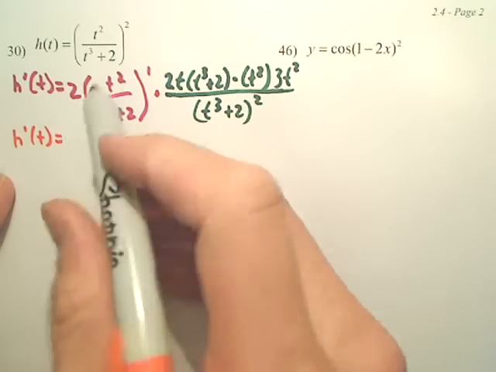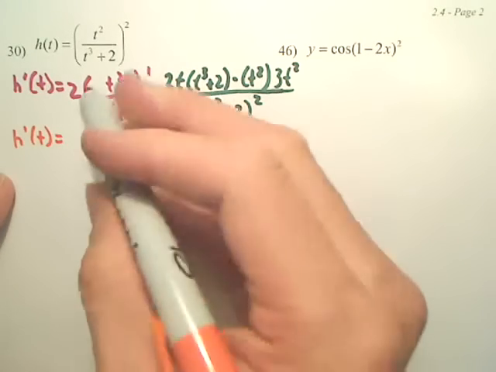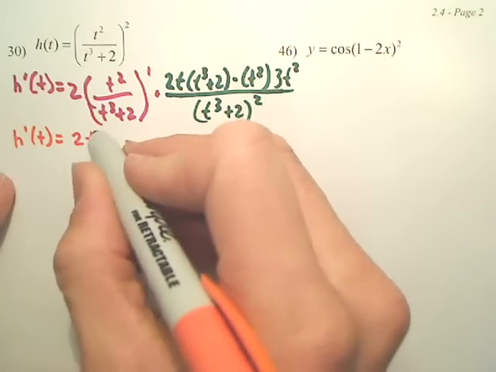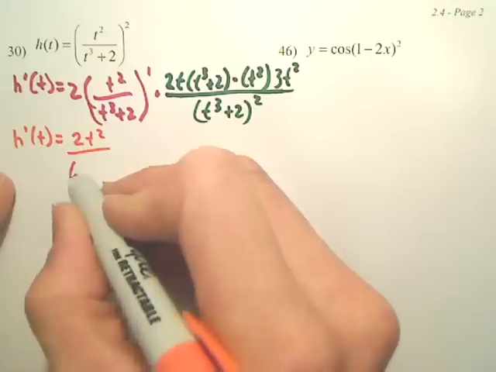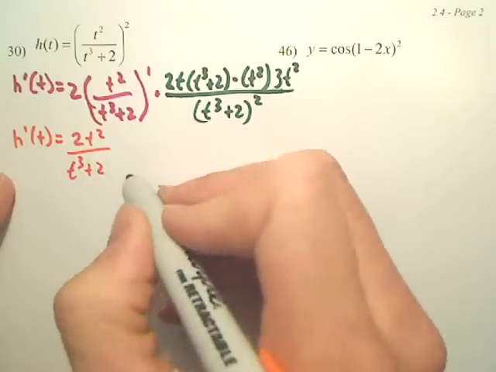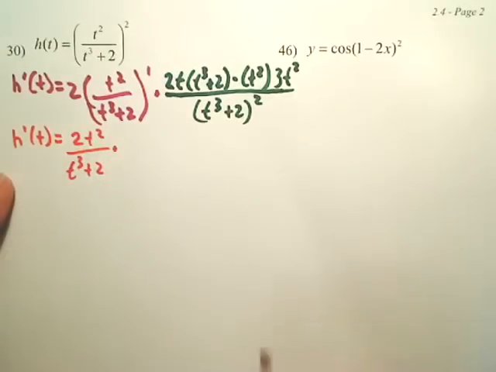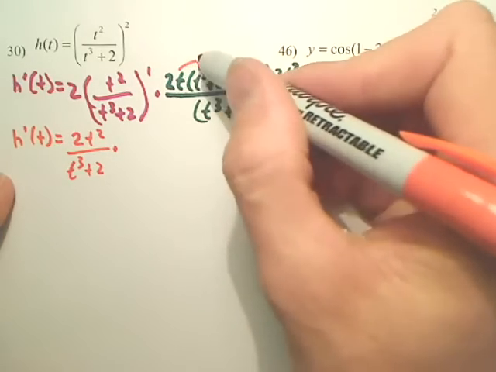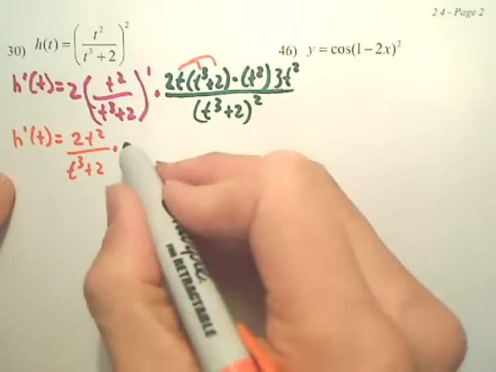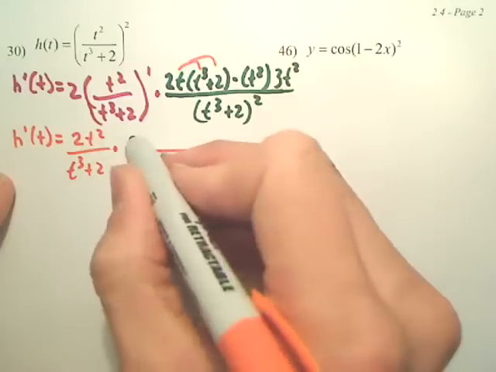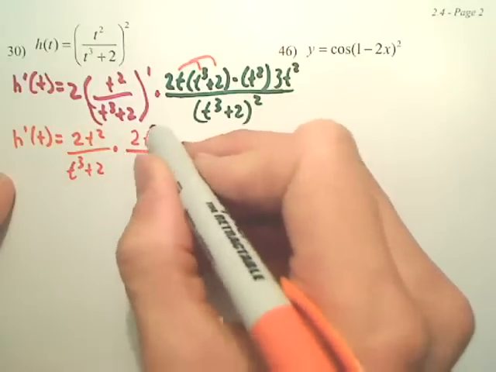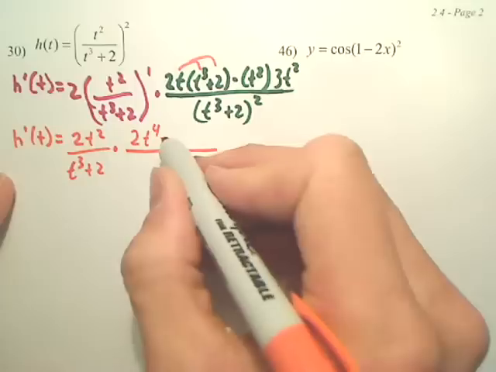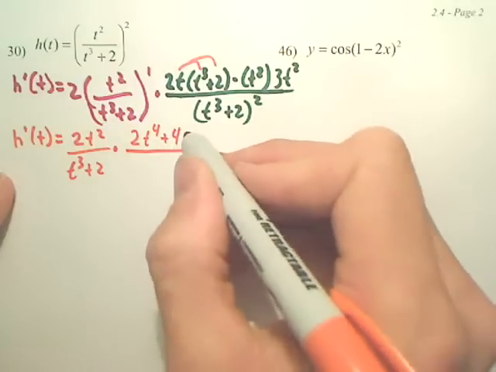Okay. Now, this 2 could multiply in here, so let's make this 2t squared over t cubed plus 2 times, let's simplify the top here. Looks like a distributive here. So it looks like I'm going to have 2t to the 4th plus 4t.